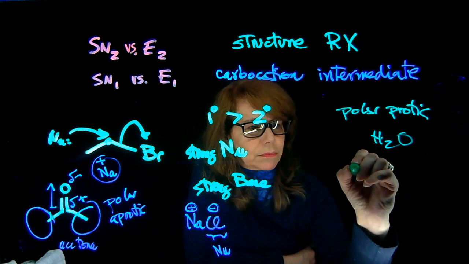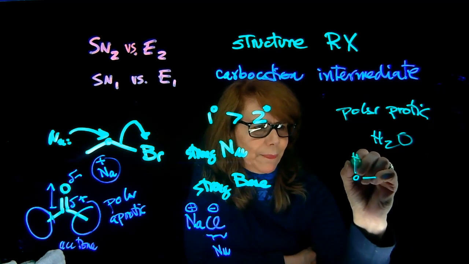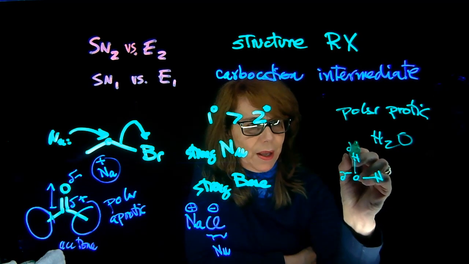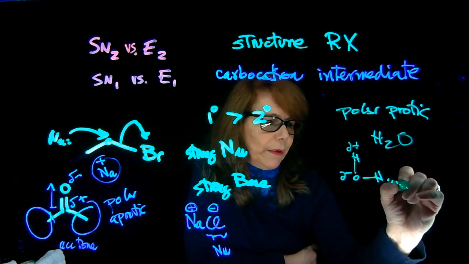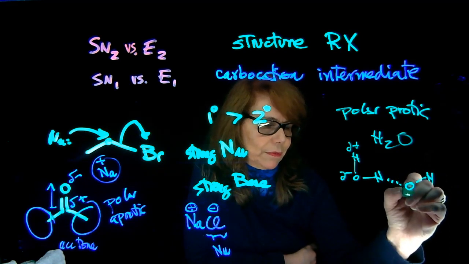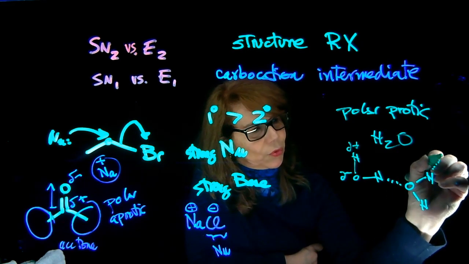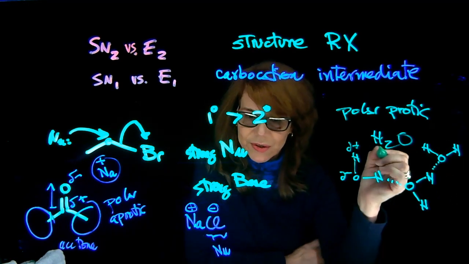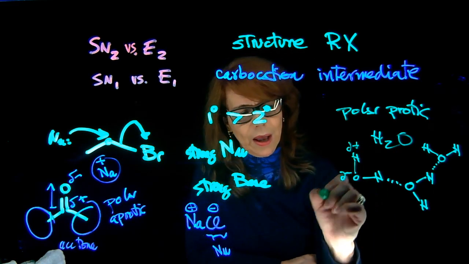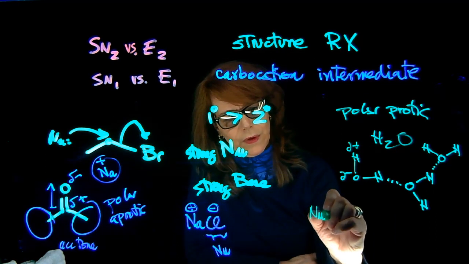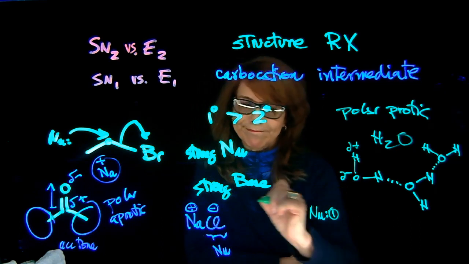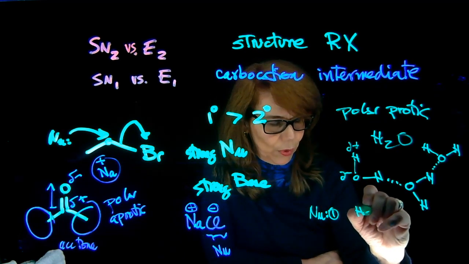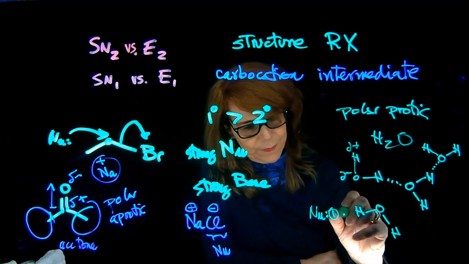This part of the molecule will be delta negative, and this delta positive. And we know that we have a network of hydrogen bonds here. We can do that because the oxygen is delta negative and the hydrogens are delta positive. Now, if you have a nucleophile that is negatively charged and close to that, it can interact with these hydrogens.